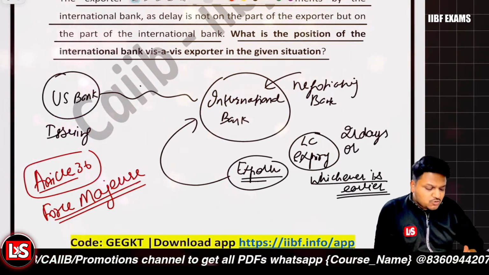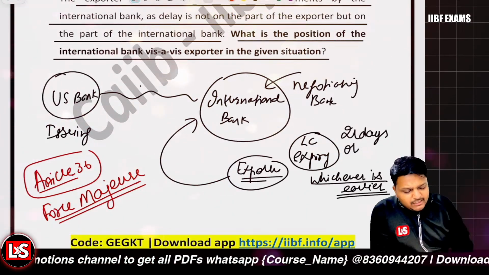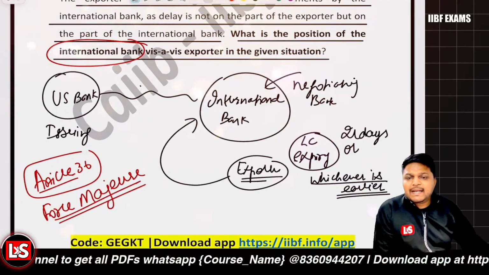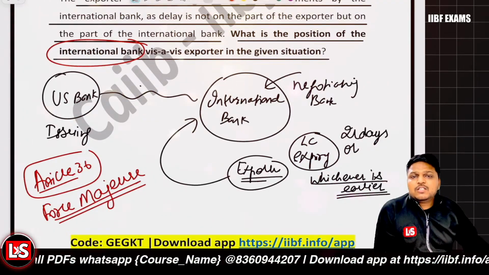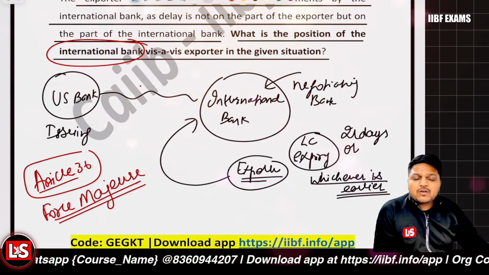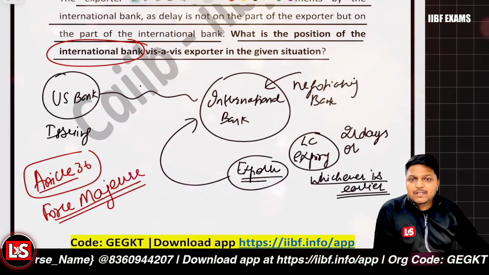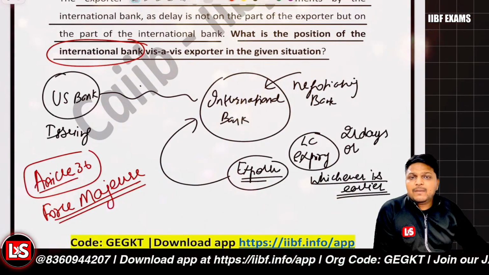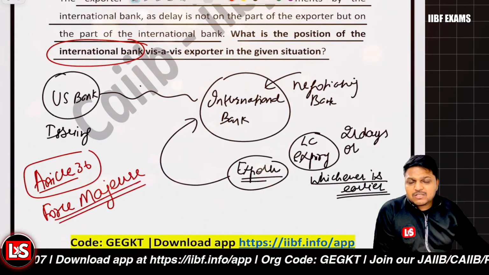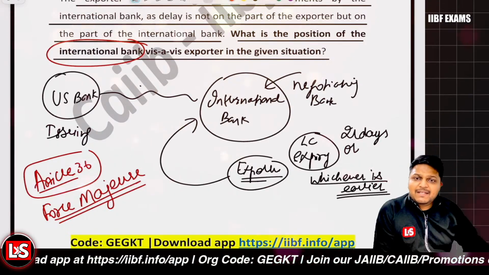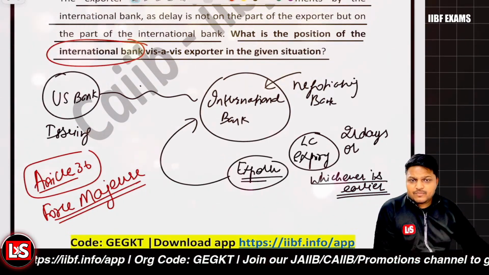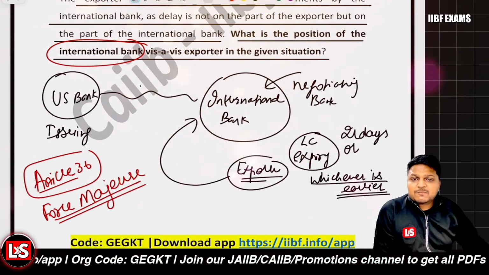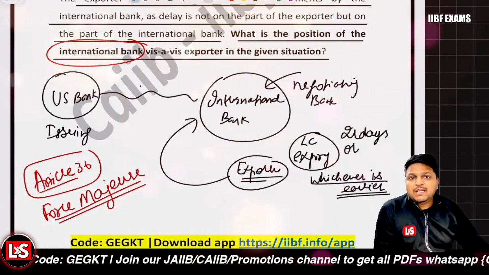Clear with it? So, as per that, whatsoever the International Bank is saying is absolutely right. It's not the responsibility of the bank to honor or negotiate after the expiry, and no extension is automatic. So LC expiry is absolute in this scenario.